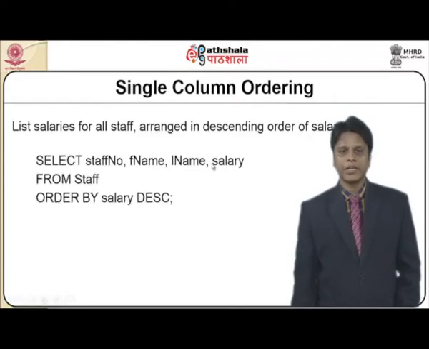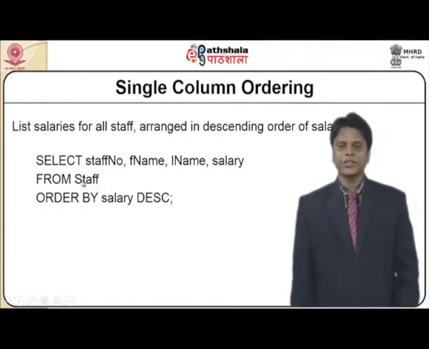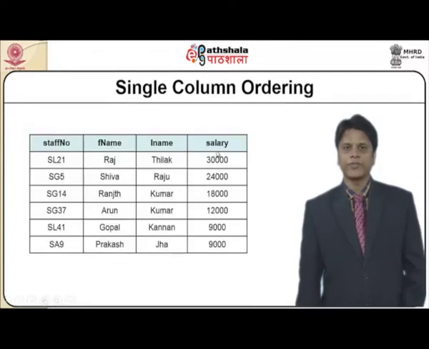So I say select staff number, first name, last name, salary from the staff table. Instead of a where condition that we have been using so far, I will introduce an ORDER BY clause where salary is descending. DESC is short for descending. So that will list all the values of the staff table with salary in descending order.